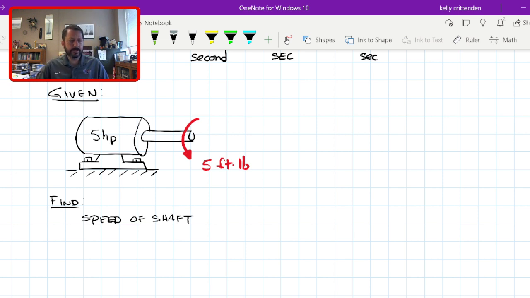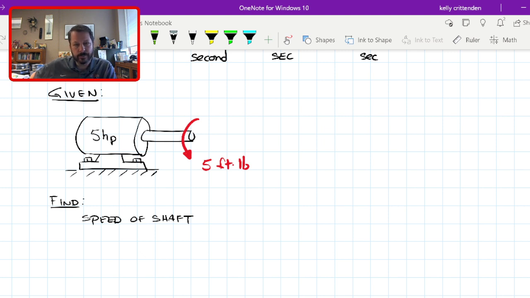So we're making a couple of assumptions. Some of the problems that you run into might say something along the lines of the motor's power transmission being so many percent efficient. We're assuming right now that it's 100% efficient. We know that's not true.